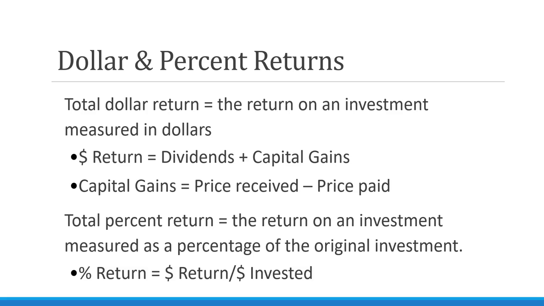And our capital gains are the difference between the price that we paid for the security and the price that we received when we sold it. Our total percent return is the return on that investment measured as a percentage of the original investment. So we have the dollar amount of our return divided by the dollar amount invested gives us the percentage amount of our return.